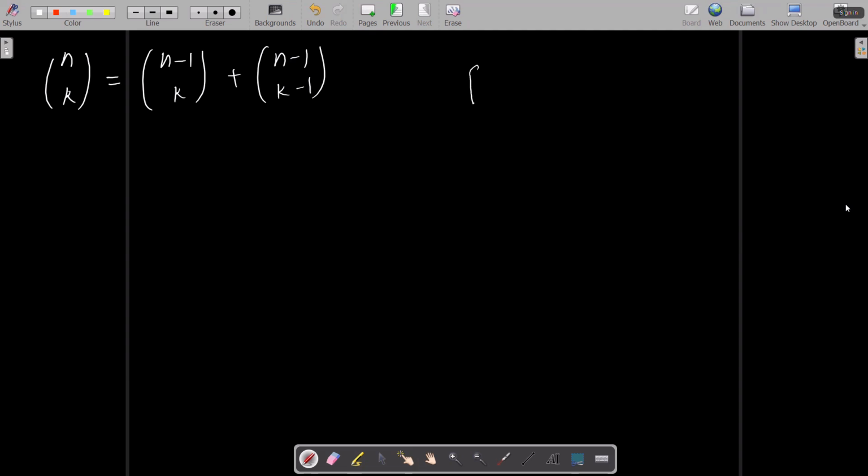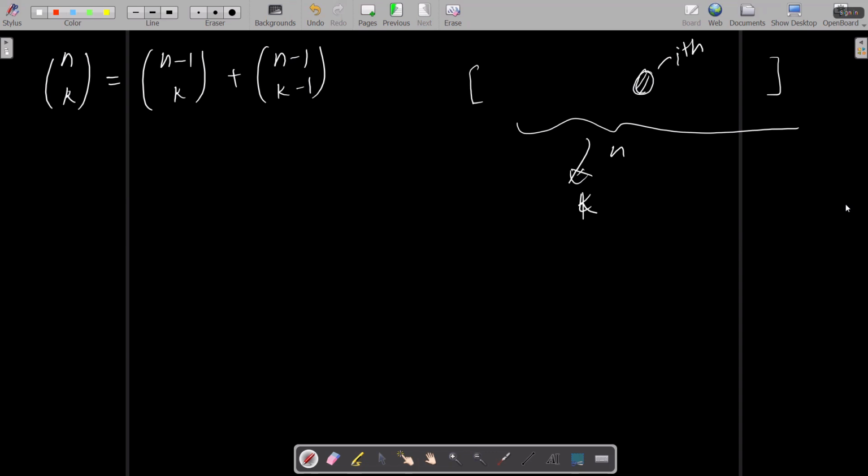So we have a set with n elements, and we need to take k elements out. So this associates with whether we are taking the ith element out or not. Let's say this is the ith element.